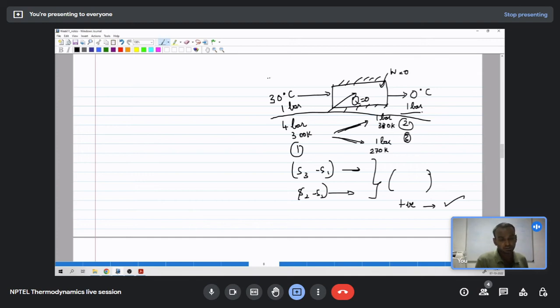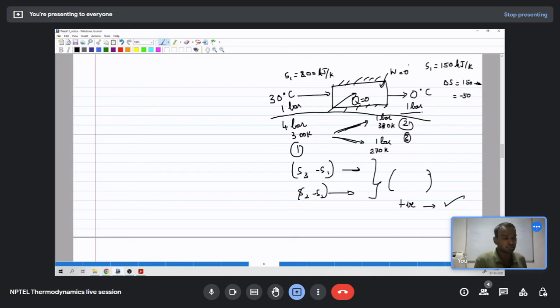So here also if you calculate entropy, say this is something like 200 kilojoule per kg Kelvin. When temperature changes, the entropy will be lesser, so it should be say 150 or something, 150 kilojoule per kg Kelvin. So here the entropy change delta S is final minus initial, 150 minus 200, which is minus 50.